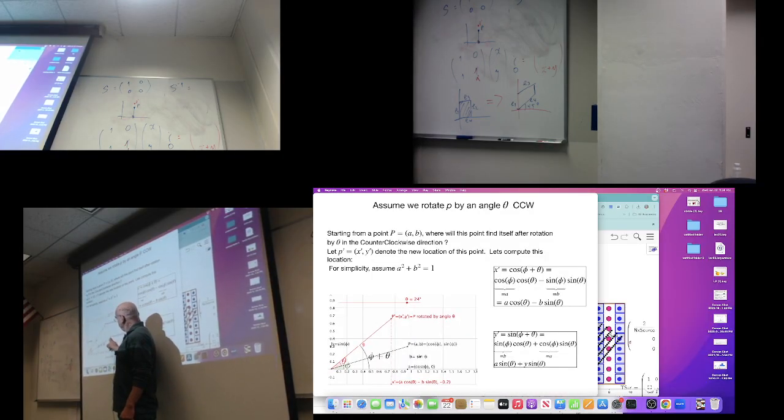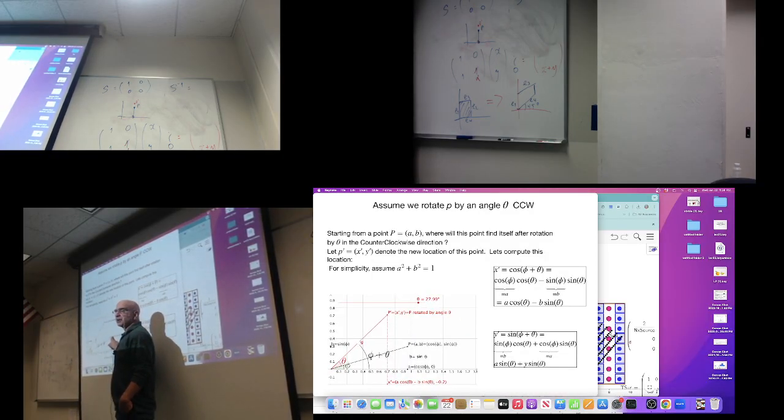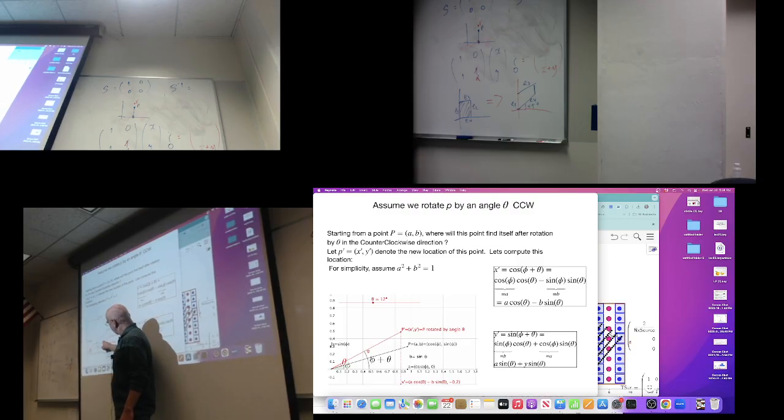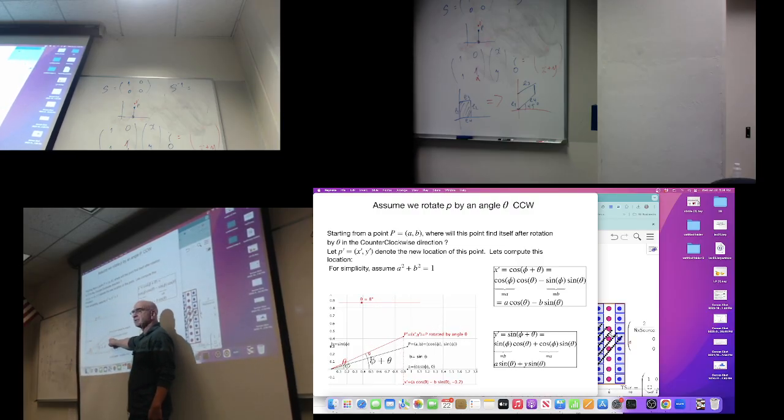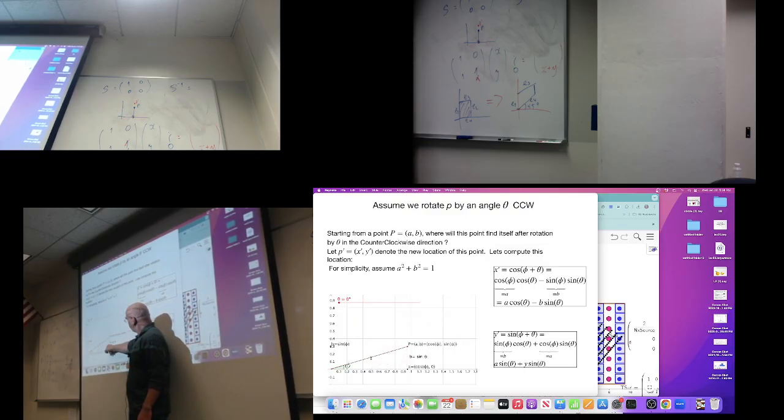How can I represent P? I can use Cartesian coordinates, x and y. It's a, b. Another way to represent P is to think about its distance from the origin, which in this case, let's say is 1. I'm still in Cartesian coordinates.